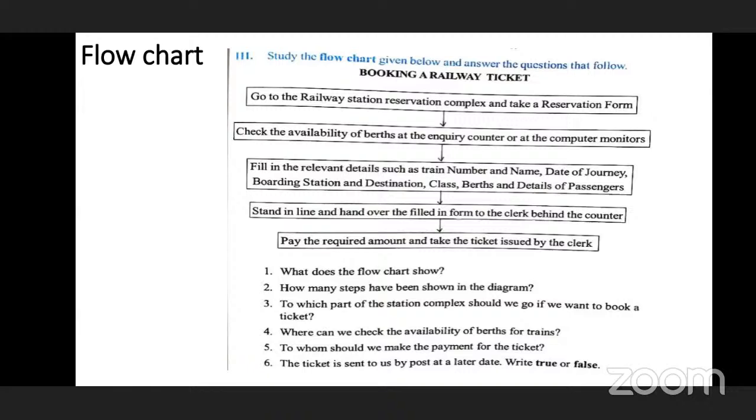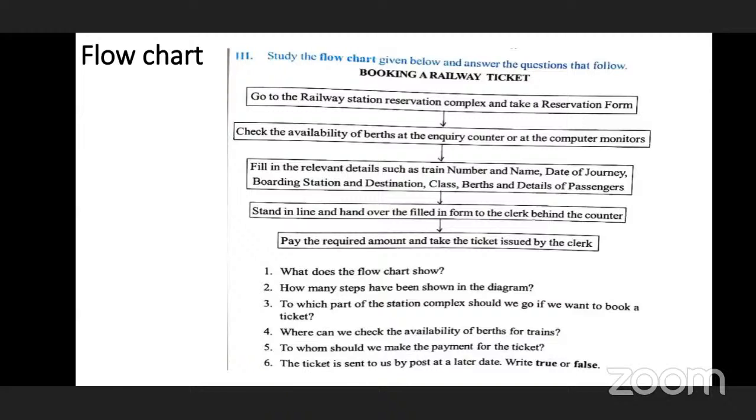To which part of the station complex do you need to go if you want to book a ticket? You need to stand in the line and hand over the filled in form to the clerk behind the counter.